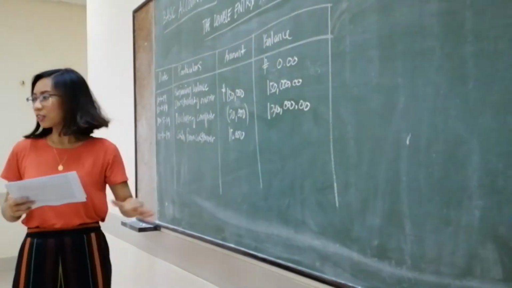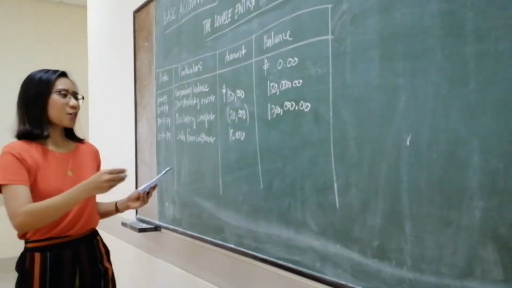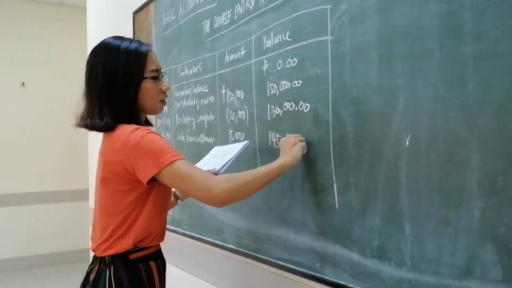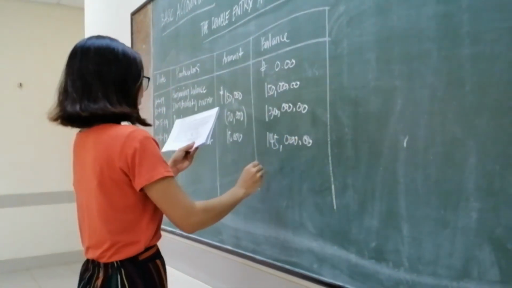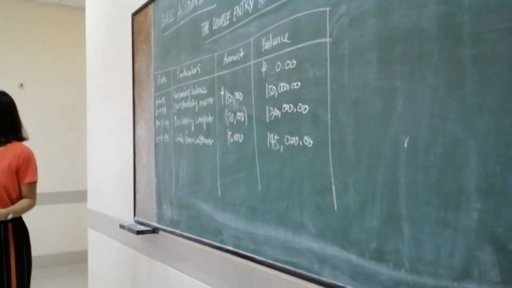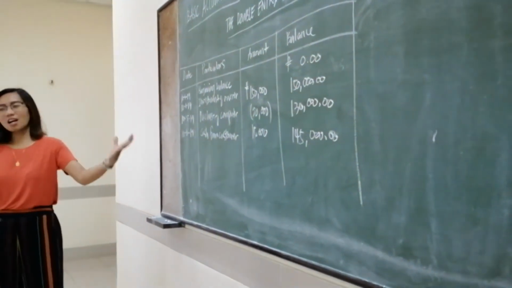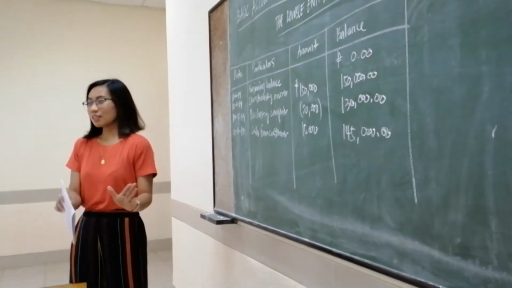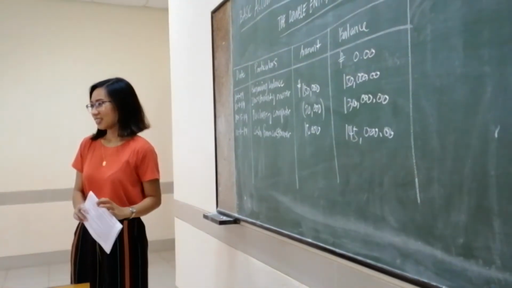Is it an addition or a deduction? Addition. Very good. So a total of 145,000.